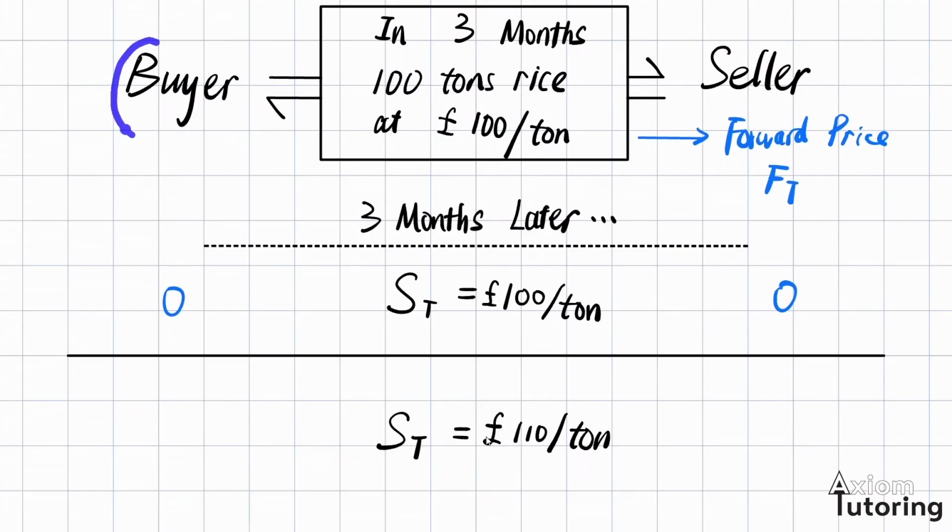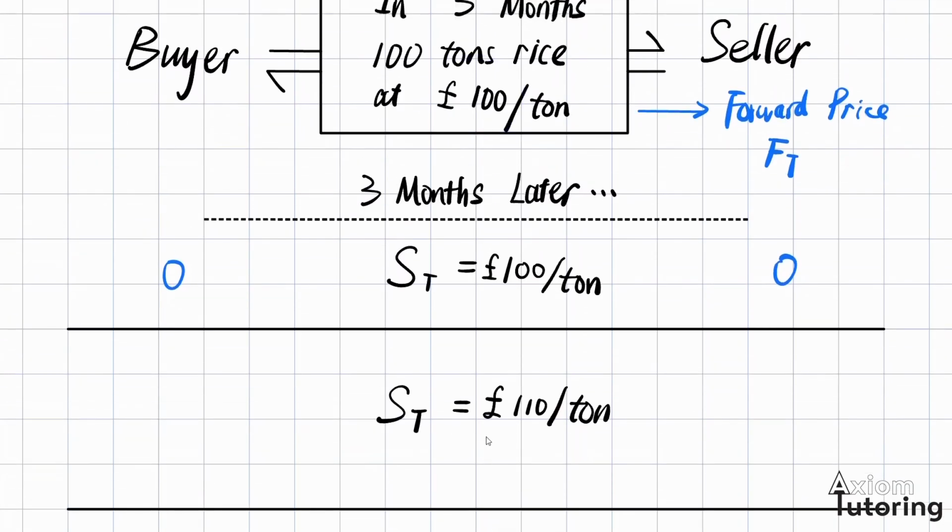Because if he decides to default from this contract, then he has to buy that 100 tons from the market at £110 per ton, which is higher than the forward price specified here. So if he honors this contract, and if the seller also honors this contract, then he's going to pay a cheaper price. So essentially, he gains from this forward contract.